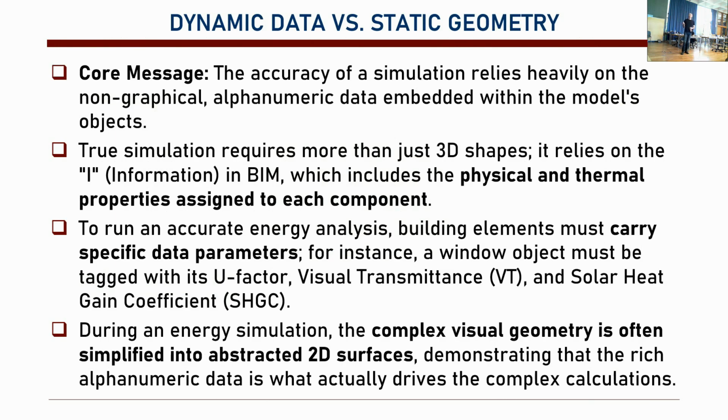Now, our simulation also relies on the non-graphical alphanumeric data in the model. So what is it? Things like the physical thermal properties in each component, like the reflection, transmission, resistance.